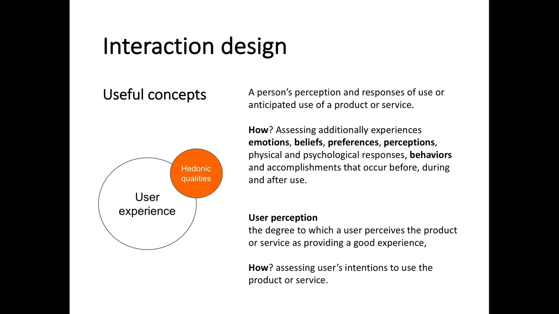What happens is that pragmatic qualities are more easy to measure because they can be quantified. Hedonic qualities are not so easy to measure because they are related with emotions, and emotions differ from user to user and also are not so tangible as pragmatic qualities.